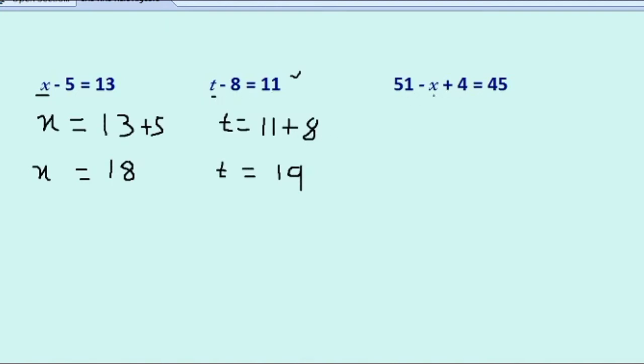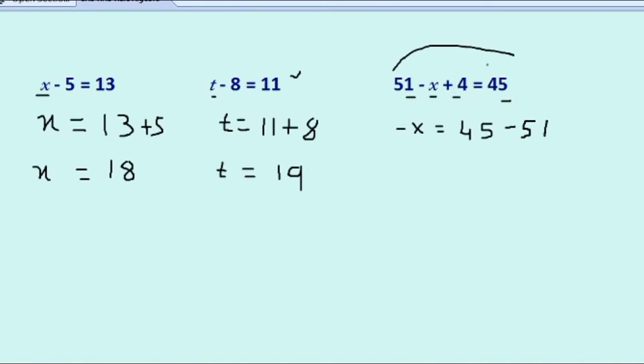Now let's see a different type of problem. Here it says 51 minus x plus 4 is equal to 45. We have to find the value of x here. So what do we do? Minus x we write as it is, equals 45. This 51, we move it to the RHS, and it becomes minus 51.